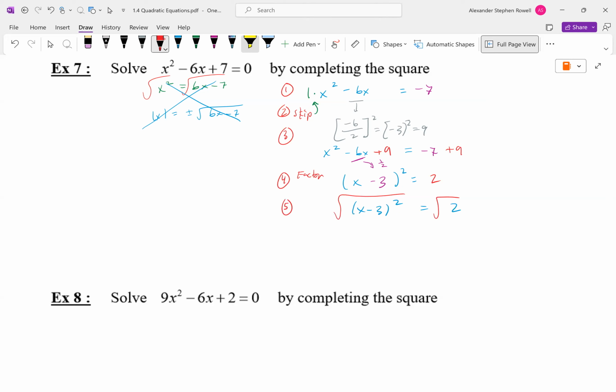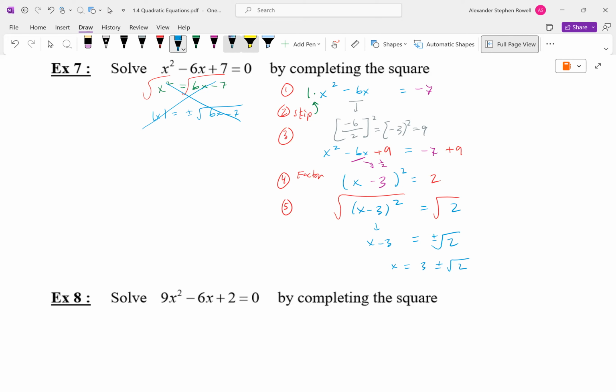Okay, are we comfortable with skipping the absolute value step? So what should I write on the left-hand side if I'm skipping the absolute value? X minus 3. And on the right side, I should write plus or minus square root 2. And finally, you add 3 to both sides.